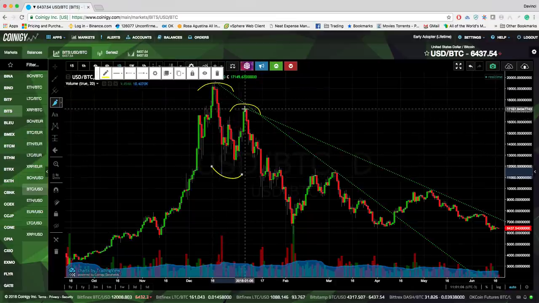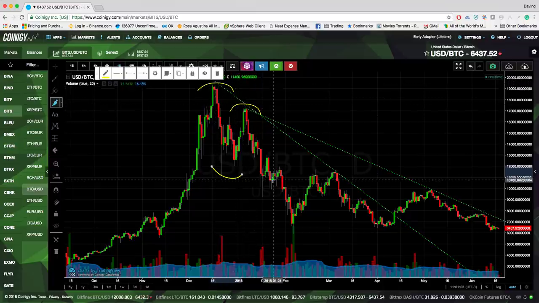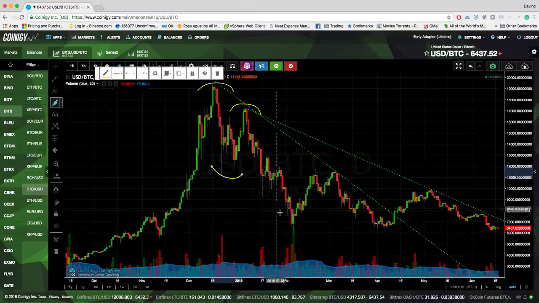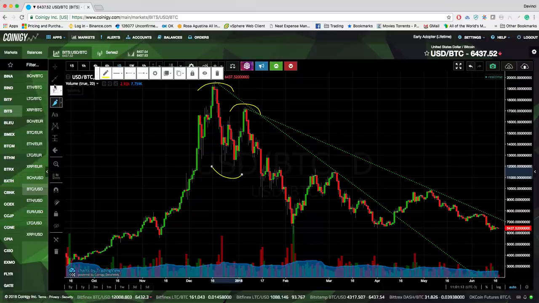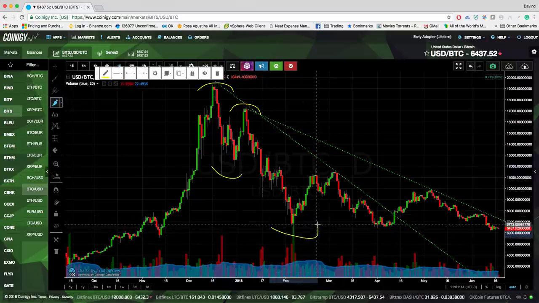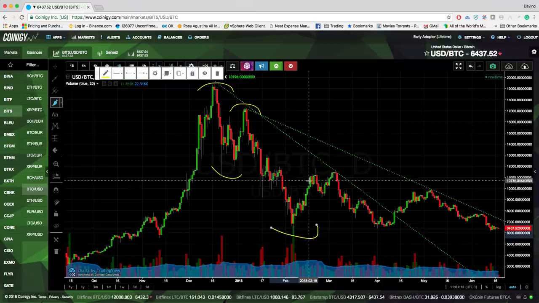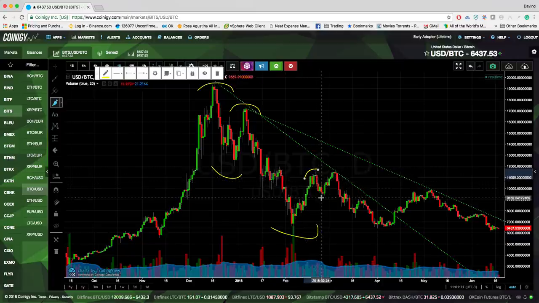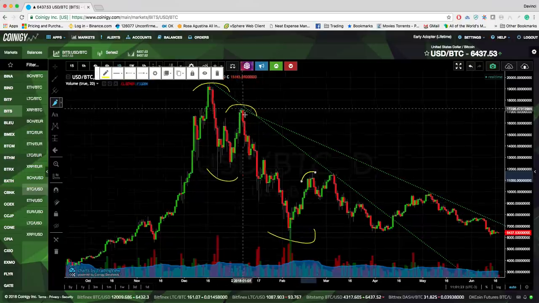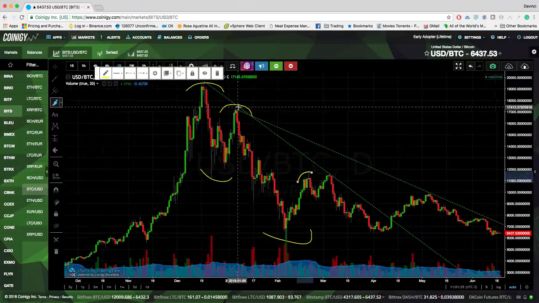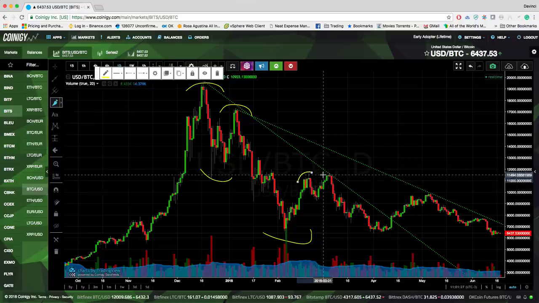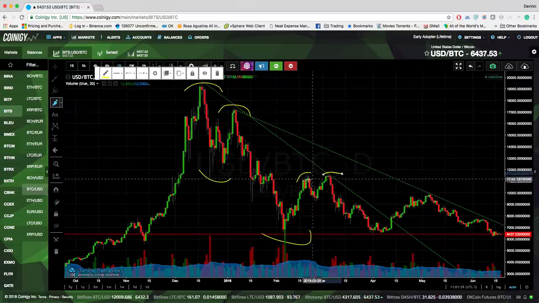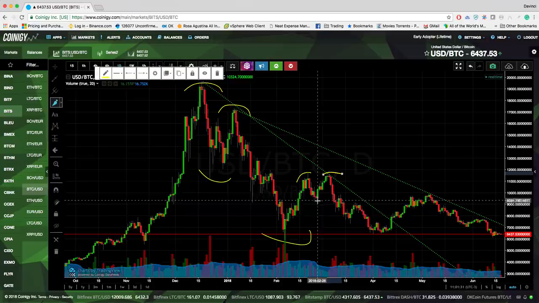So this high is lower than that high. It comes all the way back down, comes back up, but notice how this high over here is not as high as this high, and same with this one, although it came close, it actually didn't quite make it.